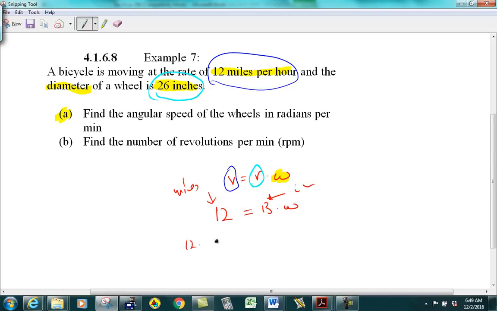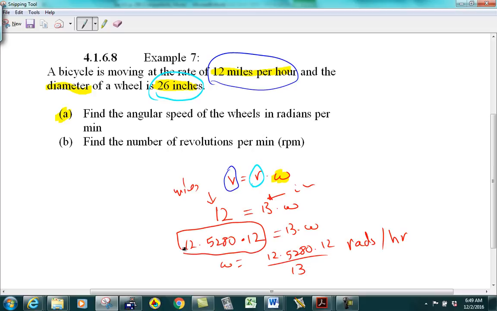So 12 times 5280 takes you to feet, and times 12 takes you to inches. And so this is equal to 13 times omega. So omega is equal to 12 times 5280 times 12 over 13. And the units of this will be in radians per hour, because this is in inches per hour.